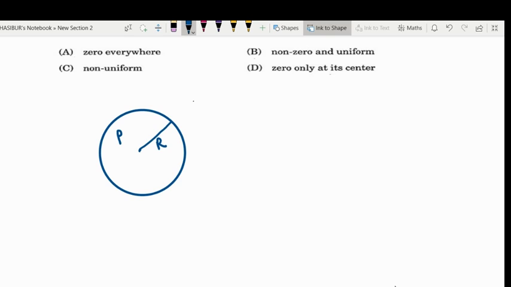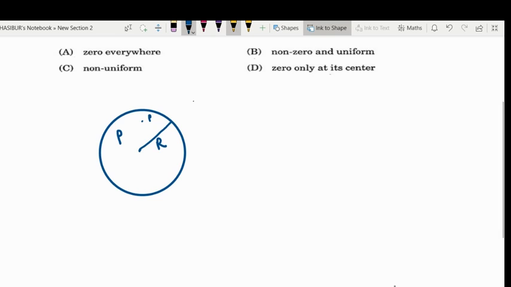To calculate the electric field inside or outside this sphere, we can use Gauss law. So let's take a point P inside this sphere and we want to calculate the electric field at this point.